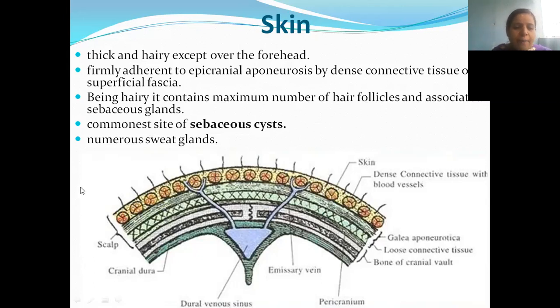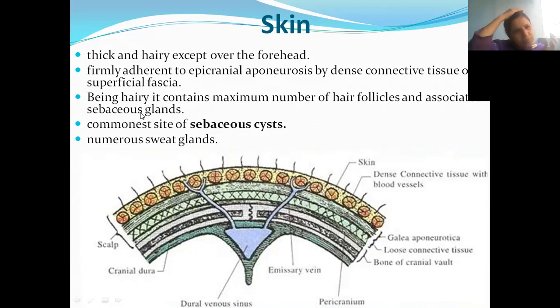Why does it happen so? Because all these three layers are very closely adherent to each other via the fibers which move from the skin to the third layer, that is epicranial aponeurosis. So skin has a lot of hair, a lot of hair follicles and sebaceous glands.